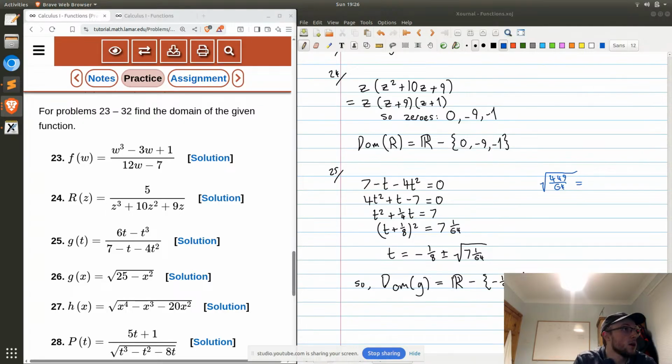Yes, it is. Okay, so that's nice. So root 449 over 8, it appears so anyway. Negative 1/8 plus root 449 over 8.